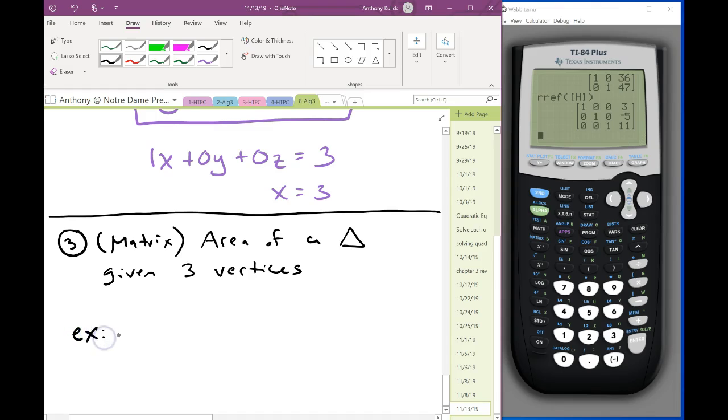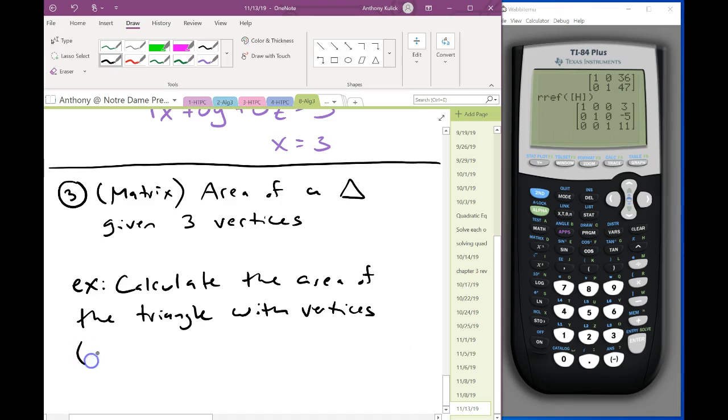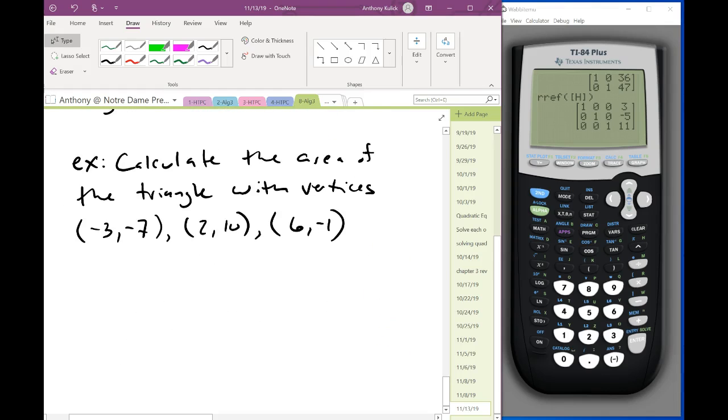So let's say we want to calculate the area of the triangle with vertices (-3, -7), (2, 10), and (6, -1).